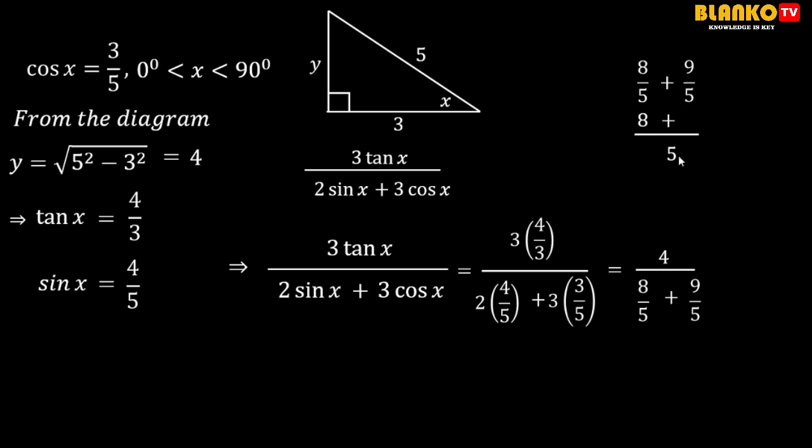Plus 5 goes into 5, 1, 1 multiplies 9 to 9. So 8 plus 9 is going to give us 17 over 5. So we now have 4 over 17 over 5.